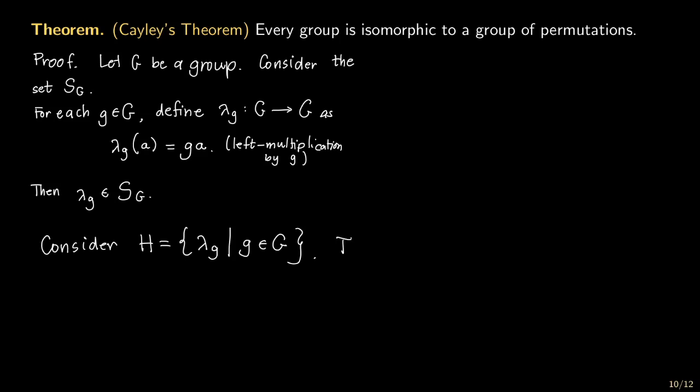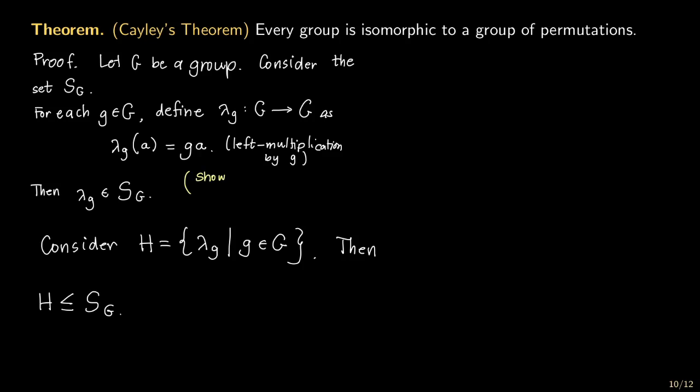Then the next thing that you're going to show is that H now forms a subgroup of S sub G. So how do you do this? Again, for this part, you show that lambda g is one-to-one and onto. For this part, you use the subgroup test. Let me write here a yellow mark.